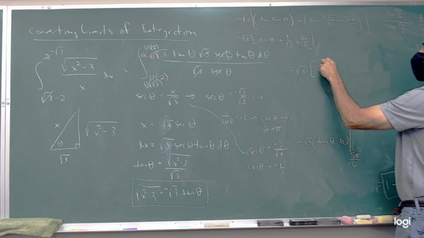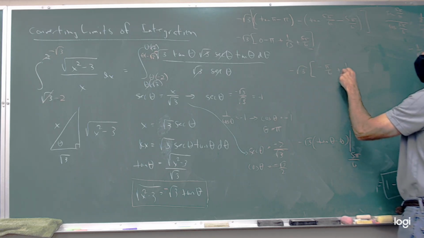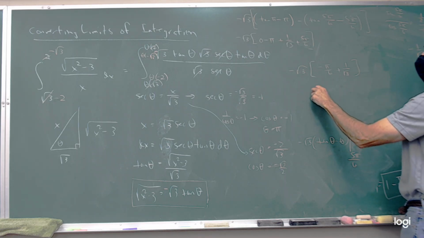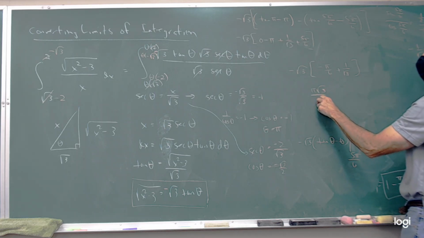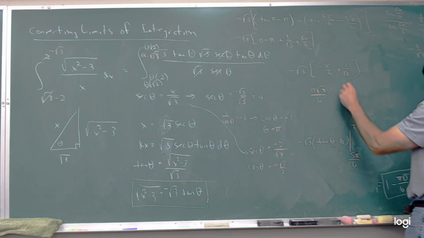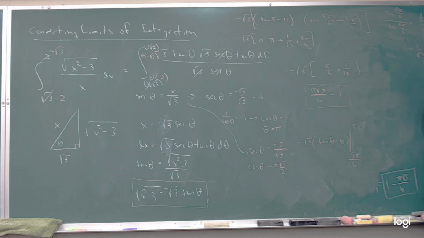Thank you. And we still have the 1 over square root of 3. So when we distribute, there's our pi square root of 3 over 6 minus 1. Oh, look at that. Just a negative of what we got there. Kind of interesting.